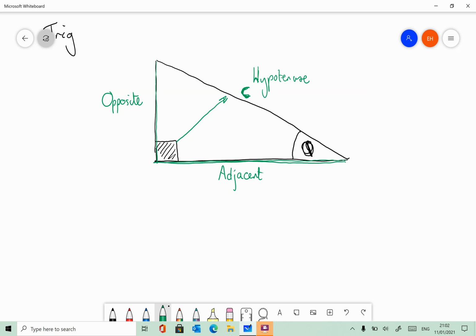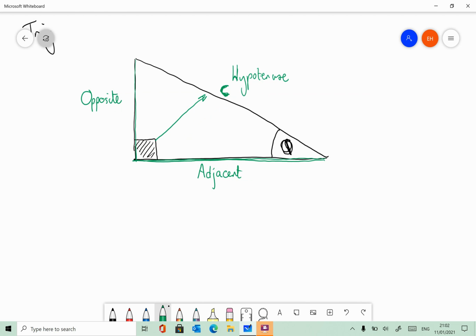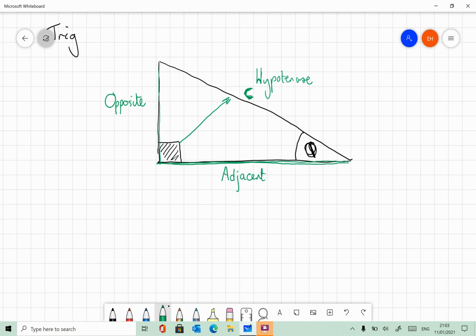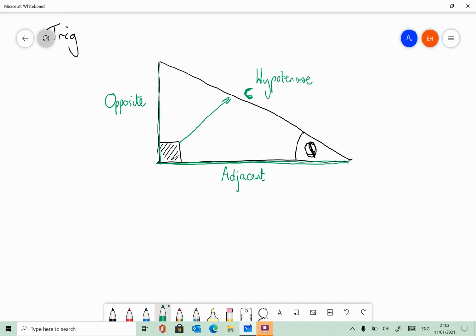So you will need to know how to find the opposite, how to find the adjacent, and how to find the hypotenuse. So you will need to have those three skills.